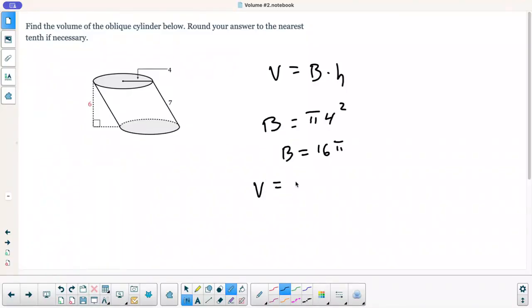So my volume equals 16 pi, that's my B, times the height, 6. This one tells me to round, so I'm going to use the pi button. So I take 16 times pi times 6, and I get 301.6 units cubed.